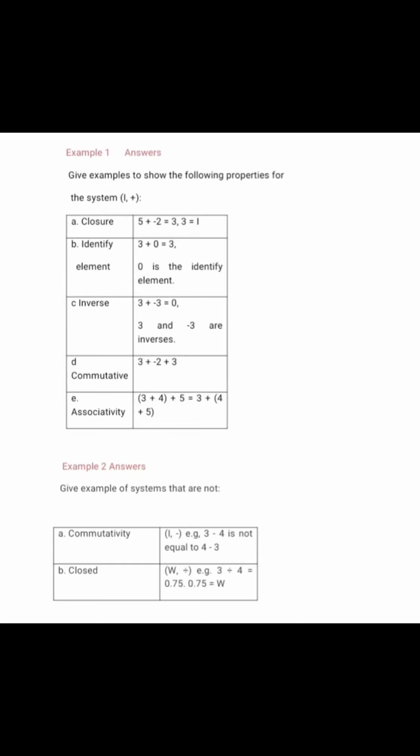Example number 2. Give examples of systems that are not, A, commutative: integers and subtraction, for example, 3 minus 4 is not equal to 4 minus 3. B, closed: whole numbers and division, for example, 3 divided by 4 equals 0.75, which is not a whole number.